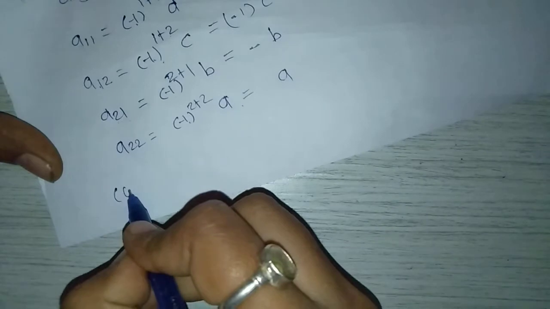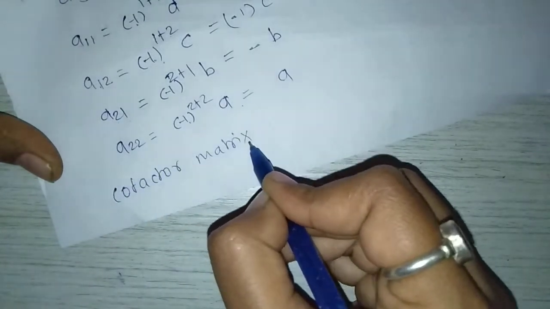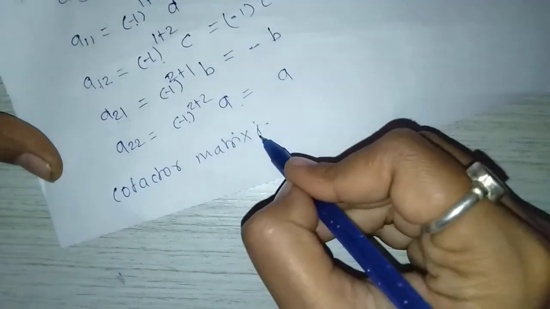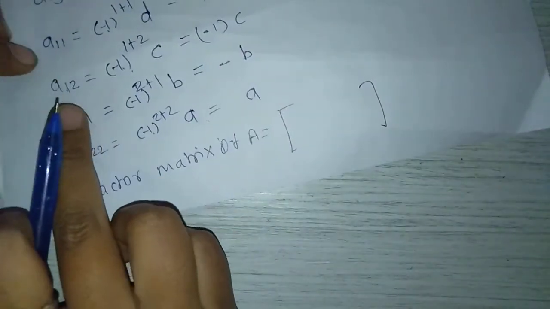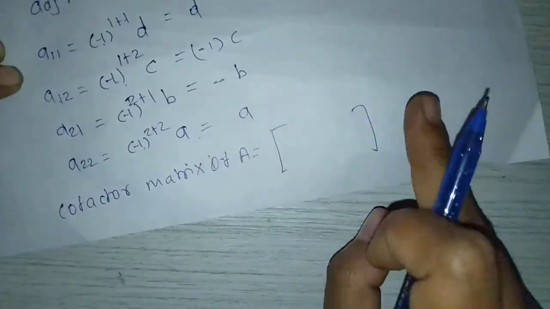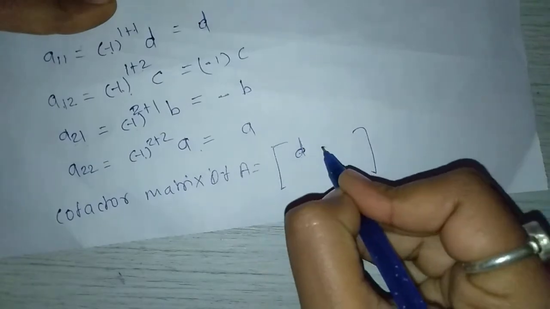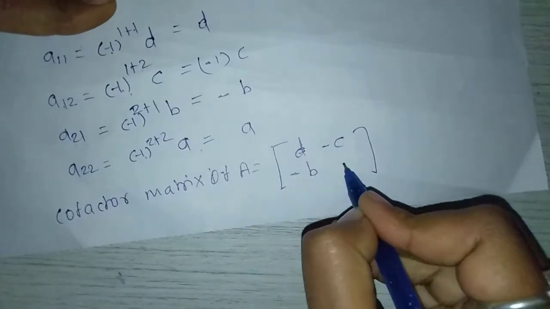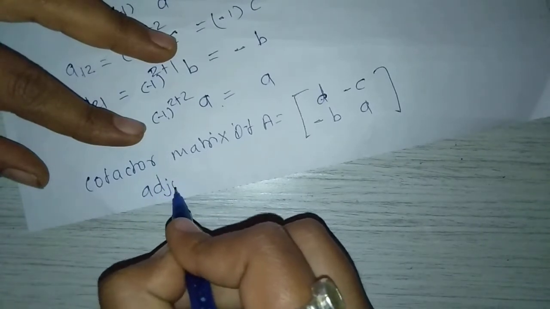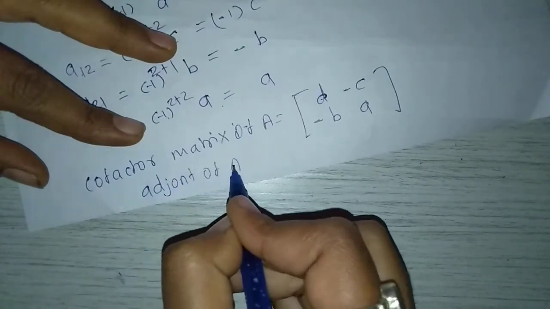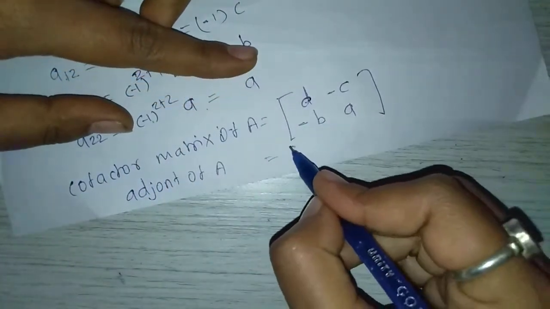Now the cofactor matrix of A is equal to, write down A11 A12 in the first row and A21 A22 in the second row, which means D, minus C, minus B, A. Now the adjoint of A means the transpose of the cofactor matrix.